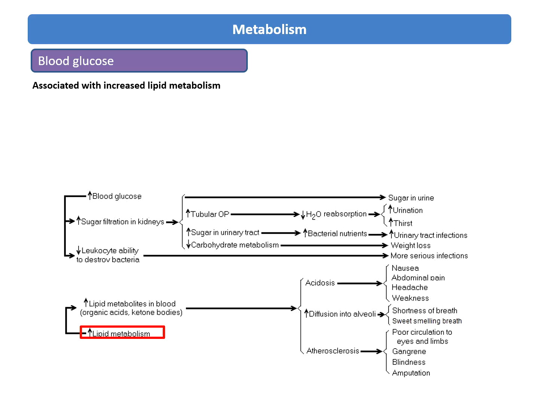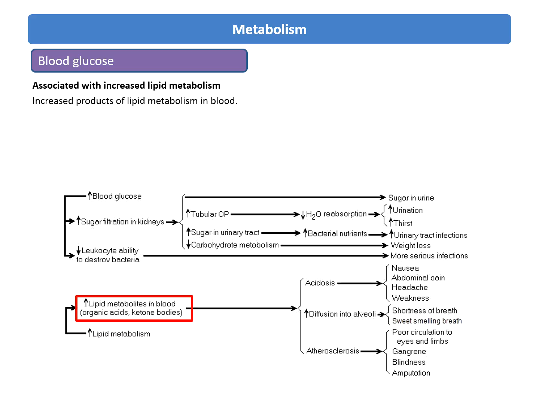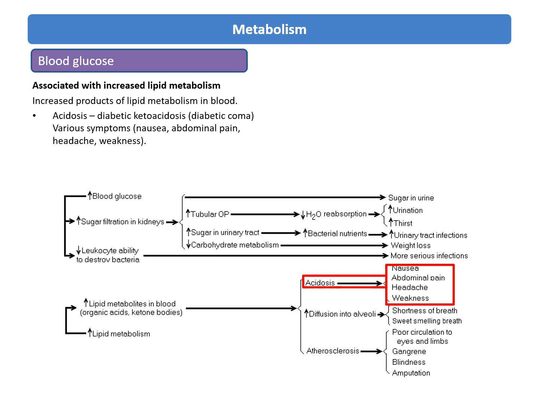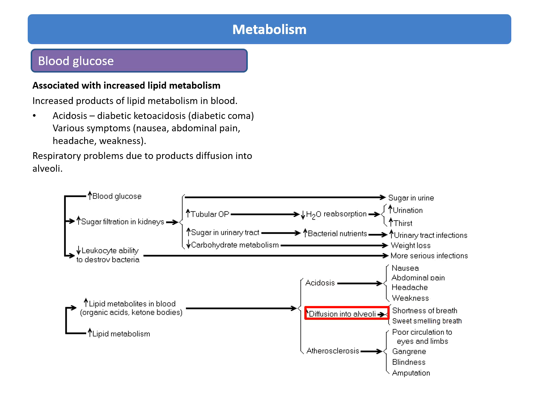What about the increase in lipid metabolism? Well, when that happens, there's an increase in lipid metabolites in the blood. These include organic acids and ketone bodies. Acidosis occurs, and the symptoms would include nausea, abdominal pain, headache, and weakness.